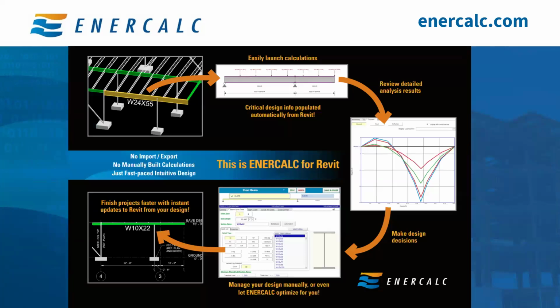I want to give you just a quick overview of what ENERCALC for Revit is all about, and this schematic does a pretty good job of overviewing that. Basically, what we're talking about is going from Revit geometry, easily launching a calculation into the ENERCALC environment that you're used to interacting with, making design decisions, and then pushing the results of those design decisions back into your Revit environment via section size changes, reaction forces, parametric information to tag and schedule, and so on.